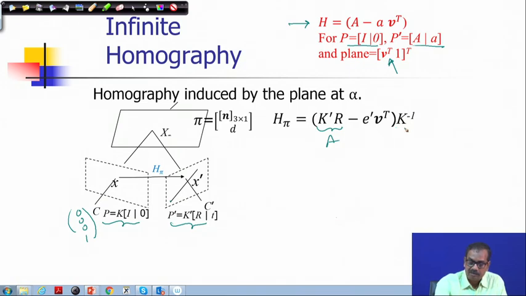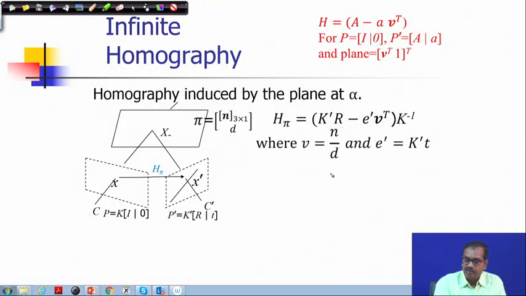K inverse comes here because this is I 0. So, we can make it a canonical form if I transform the image coordinates by K inverse. So, these are the things.